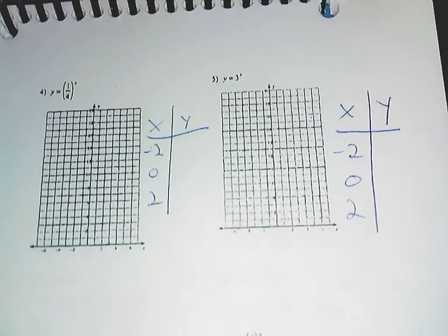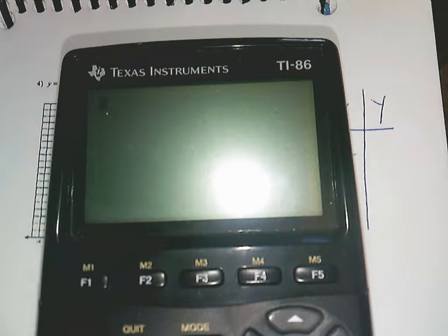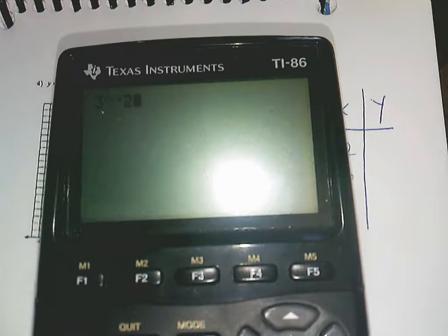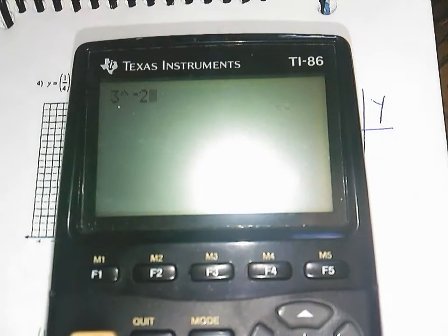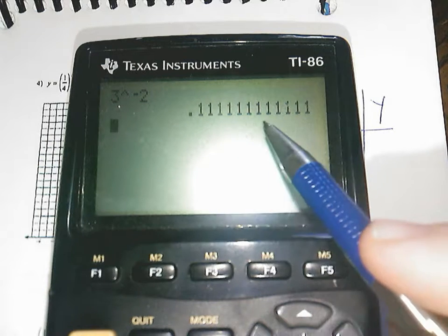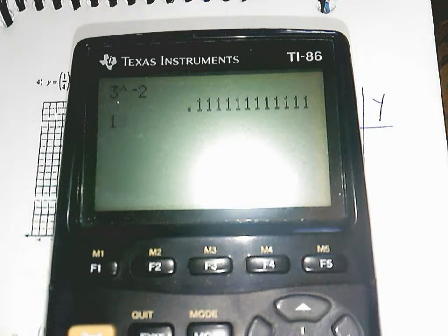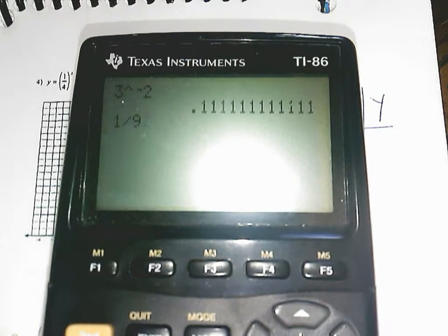Okay, and we can check that on our calculator here. If I do 3 to the -2 power, it shoots me back 0.11111. And if I wanted to write that as a fraction, 0.1111 is the same as saying 1/9, right?